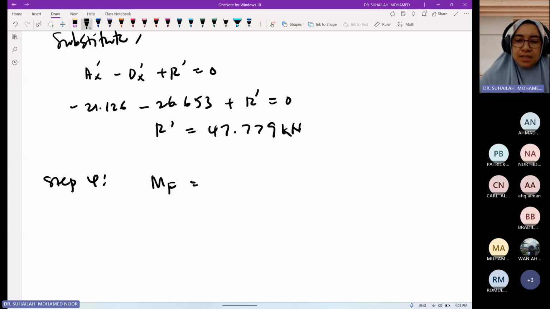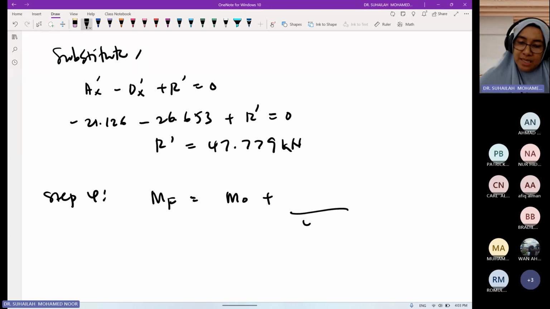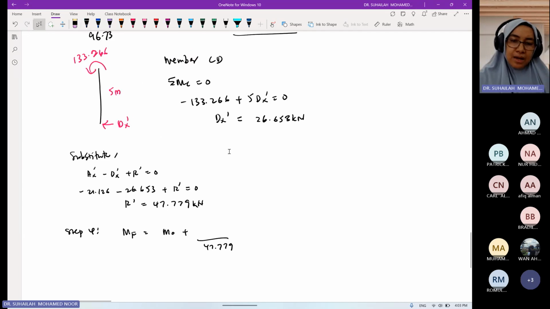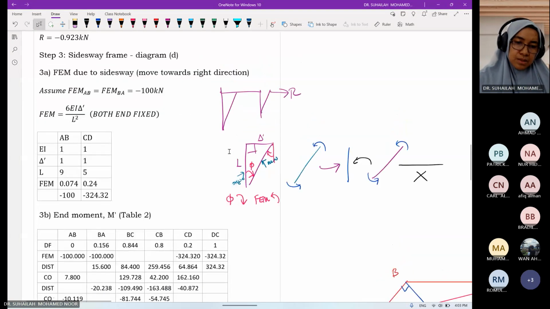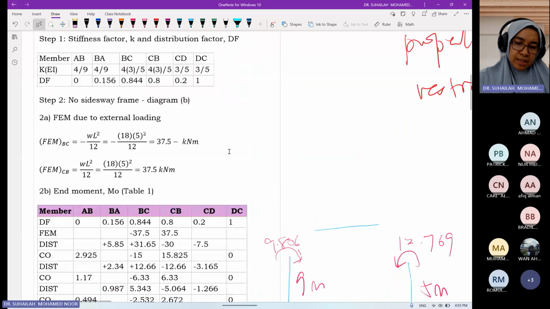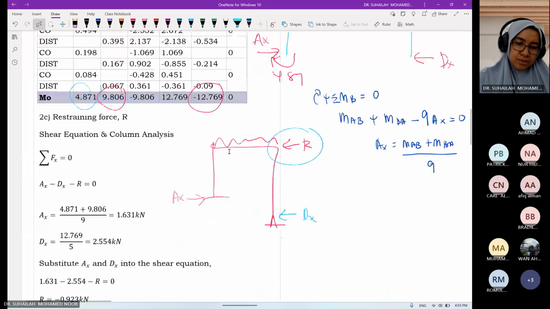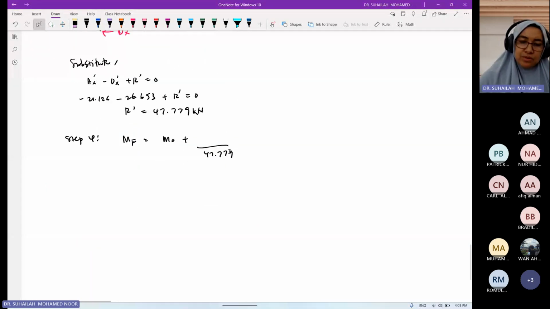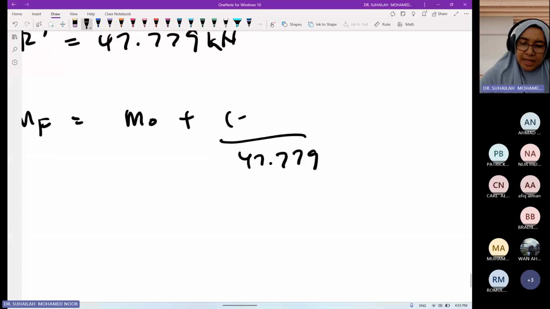M final is M naught plus R divided by R prime. R divided by R prime: 47.779 and R, where is the R from earlier? Negative 0.923. So here negative 0.923, and this is M prime.